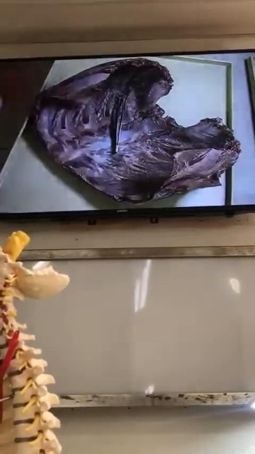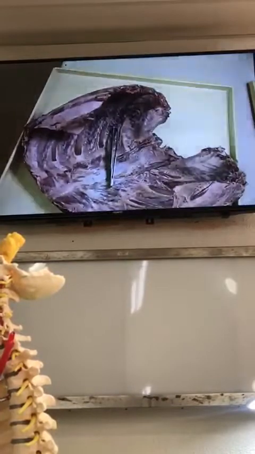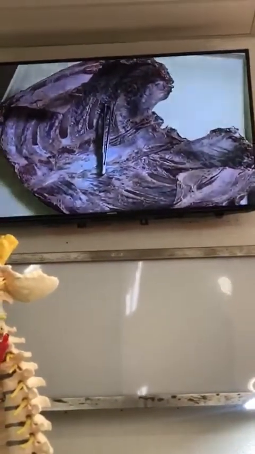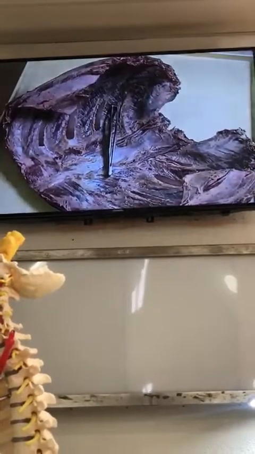So you can see this fascia here. This is what we call the costal pleura. The inner surface of the thoracic wall is covered by the pleura, right?